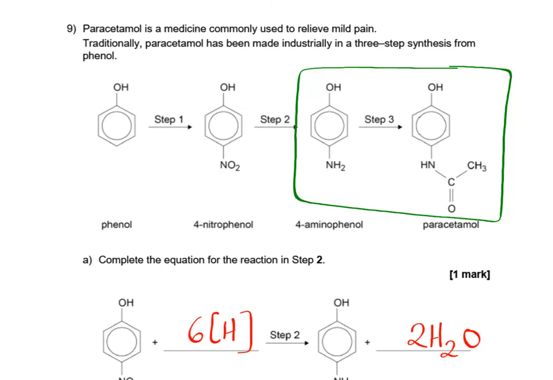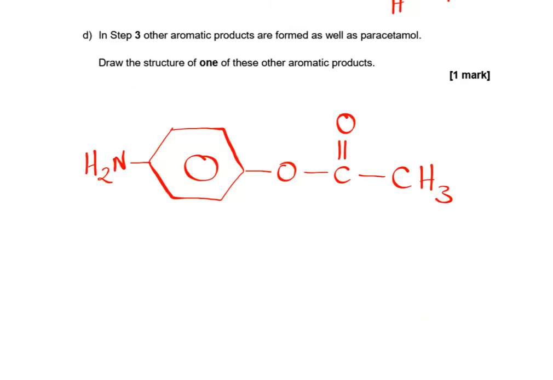Well, we could just as easily have reacted the OH group with that to make an ester. So that is one possible product, or we could have got the acylation on both groups. So that was another possible correct answer.